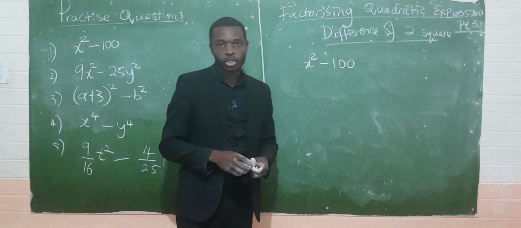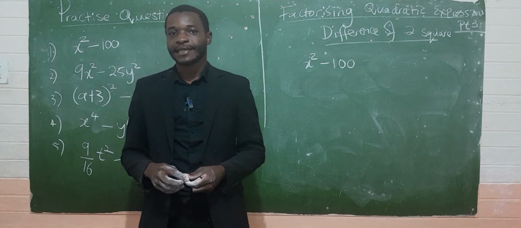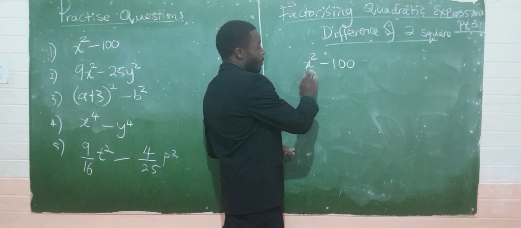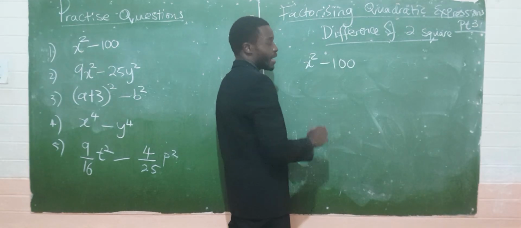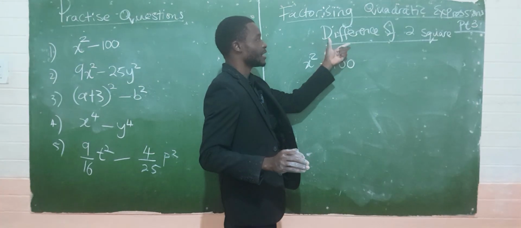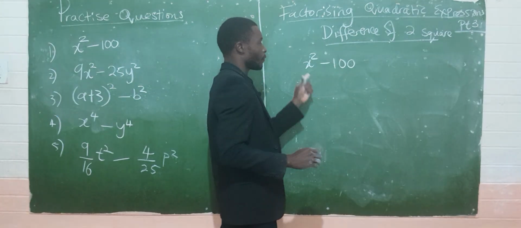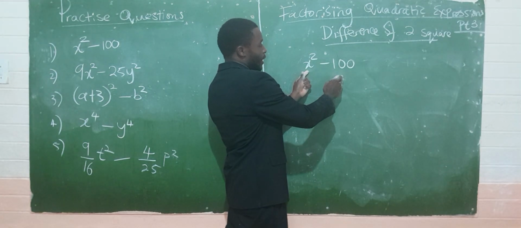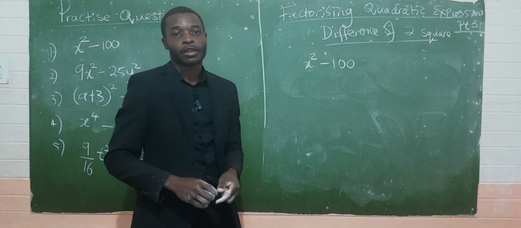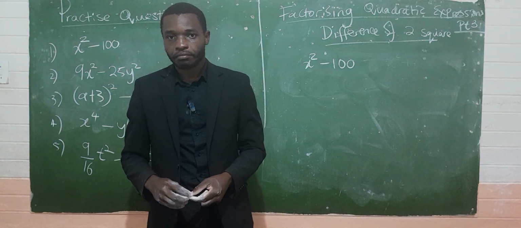However, it is a special quadratic in the sense that we have a square number and a square number that are subtracting each other. Hence the phrase difference of two squares. You have two square terms that are subtracting each other, and that's where the phrase comes from.